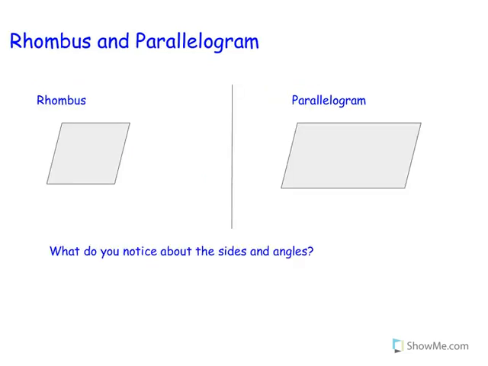Okay, now we're going to look at the rhombus and our lovely parallelogram. What do you notice about the sides and angles? Lauren, what do you notice? On a rhombus, it has 4 acute angles. So here's our rhombus.